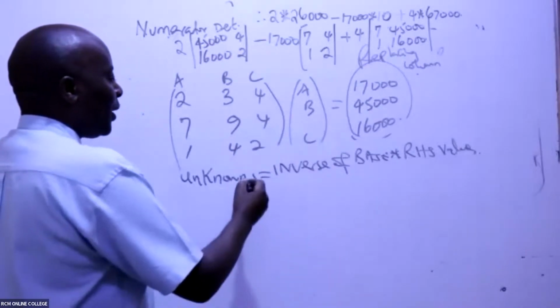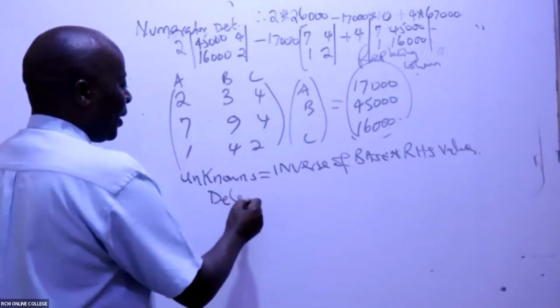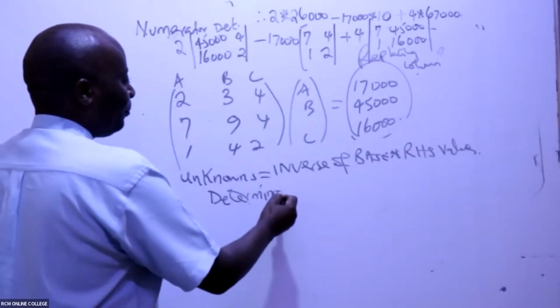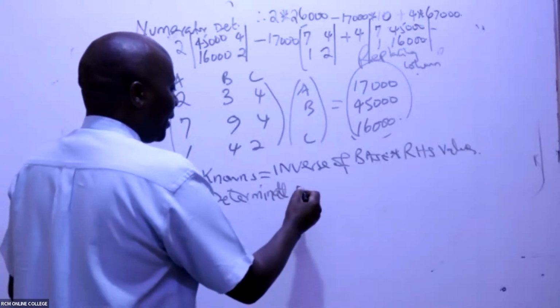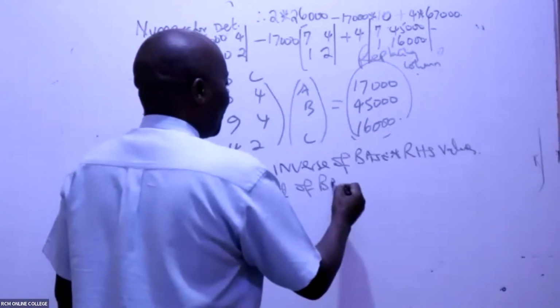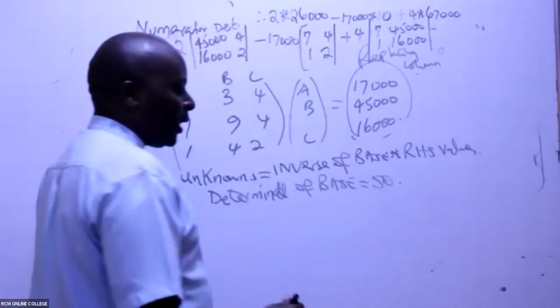To get the inverse of the base, first of all, give us the determinant of the base. I believe all of us are in agreement, it is 50, isn't it?